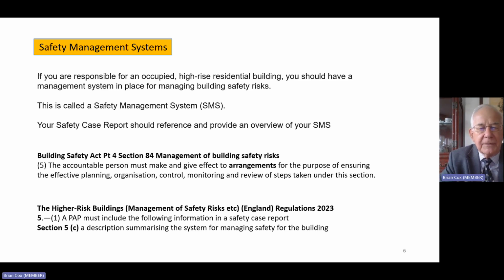And then the secondary legislation, the regulation called Management of Safety Risks, etc., in section 5 says that the PAP must include the following information in a safety case report, and then subsection 5C says a description summarising the system for managing safety, and that is the safety management system.